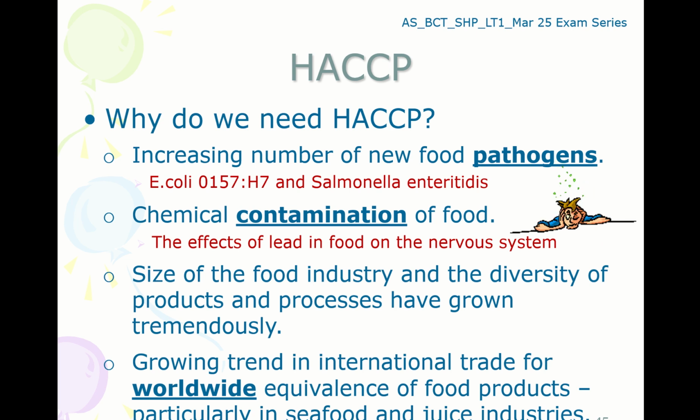So why do we need HACCP? These are some of the reasons why we need to have HACCP certification. Nowadays, you can tell there are more and more new pathogens that can affect you, and chemical contamination also. Now there are so many types of product brands, so many types of products, so people need to ensure that they are safe to be consumed.